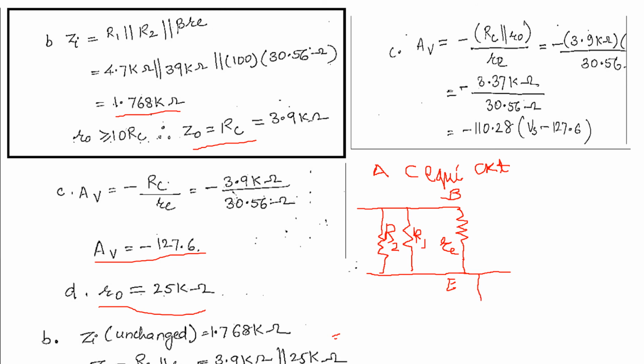So that is why your emitter resistance is shorted. So Re, practically you have to picturize and understand that it is a shorting effect, as Re is equal to 0 ohms.